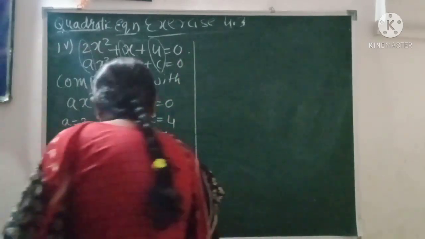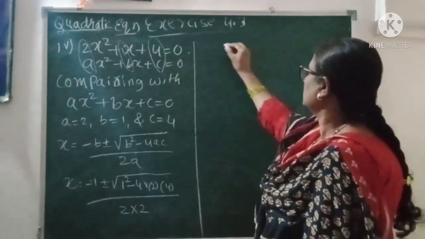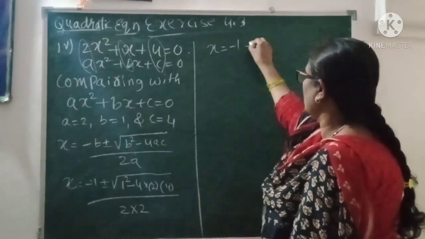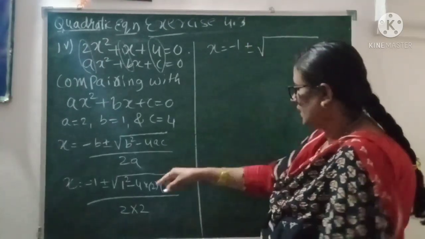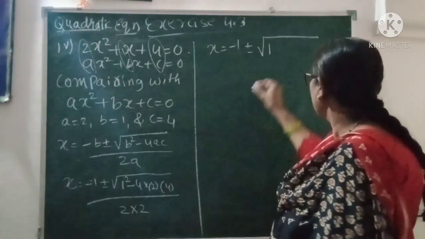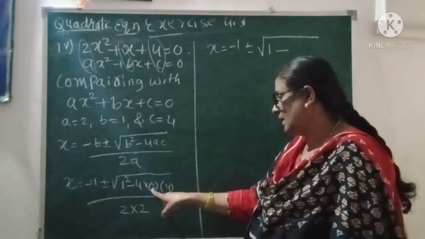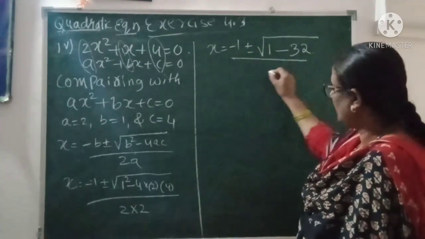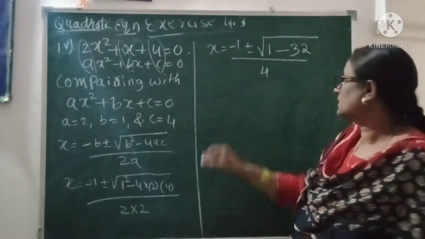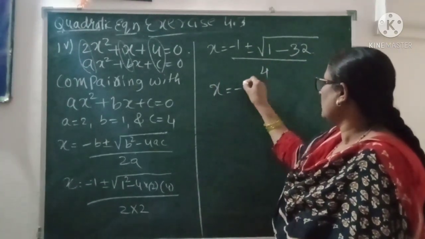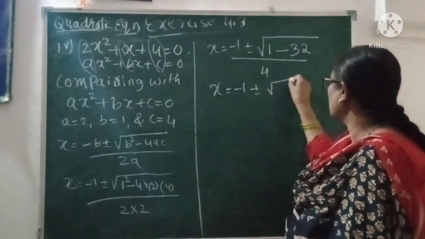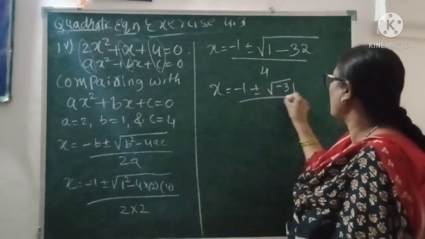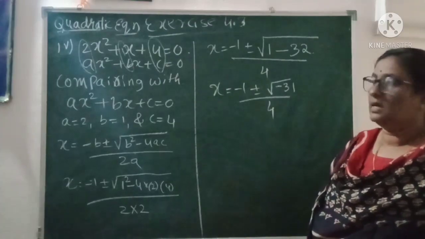Okay. Now look at this. X equals minus 1 plus or minus, see this is very interesting, 1 square is 1 minus 4 2s are 8, 8 4s are 32, divided by 4. So children, now x is equal to minus 1 plus or minus root minus 31 upon 4.